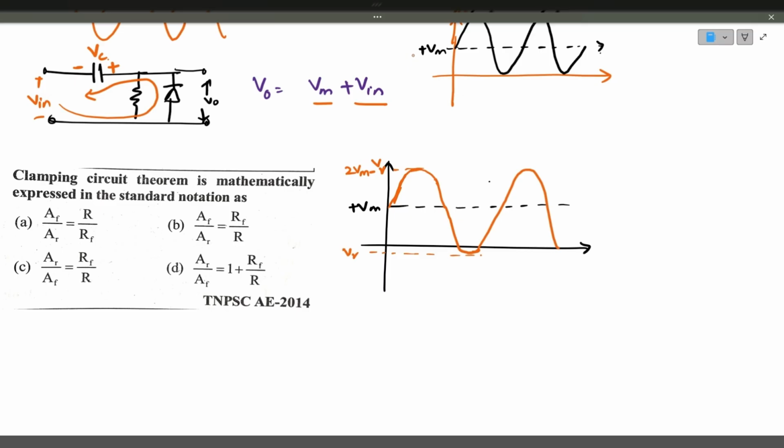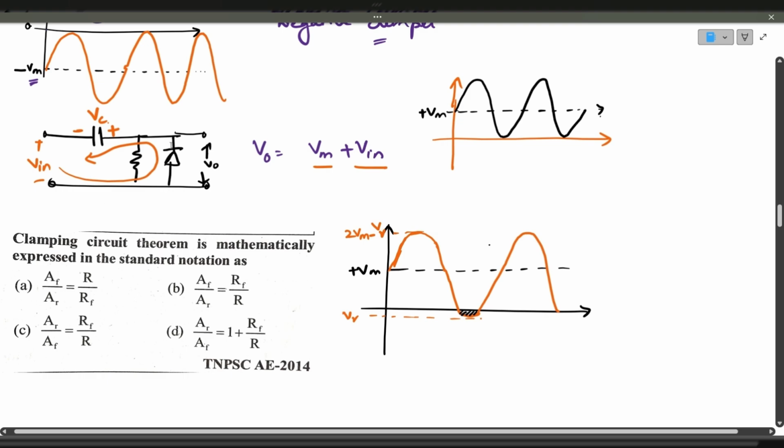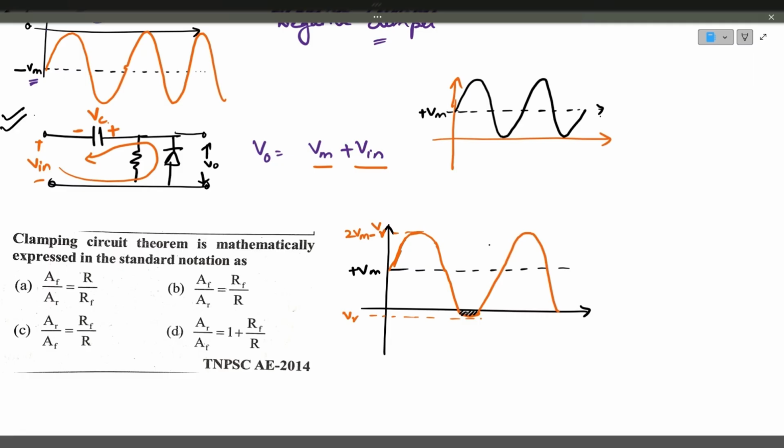So if you observe carefully, the area under the cut-in voltage means the diode is in the conduction mode. Diode is conducting during the negative half cycle in case of the positive clamper. So that portion is taken here.